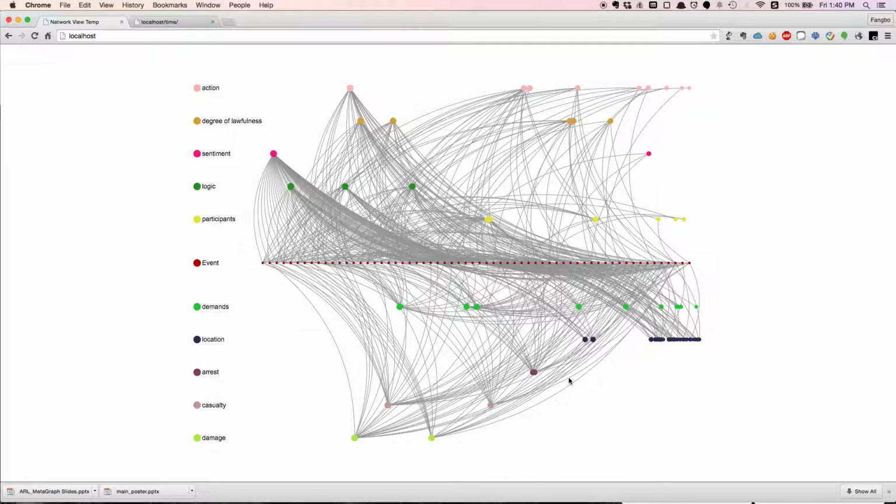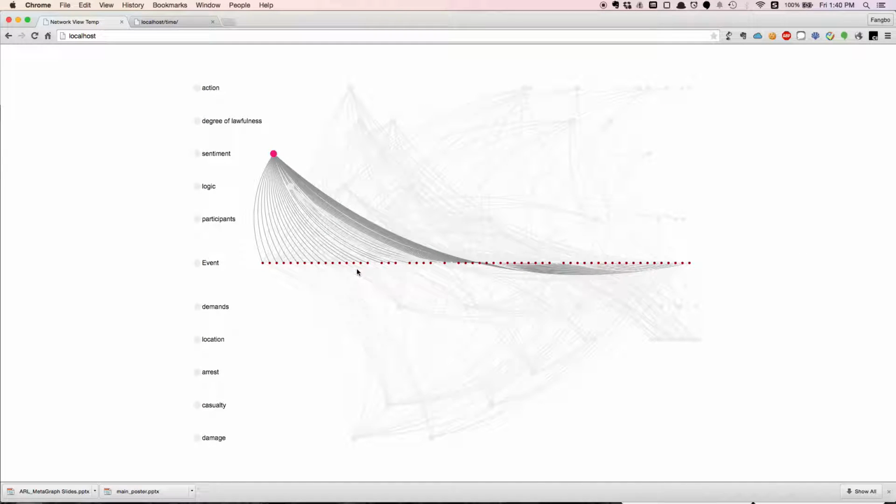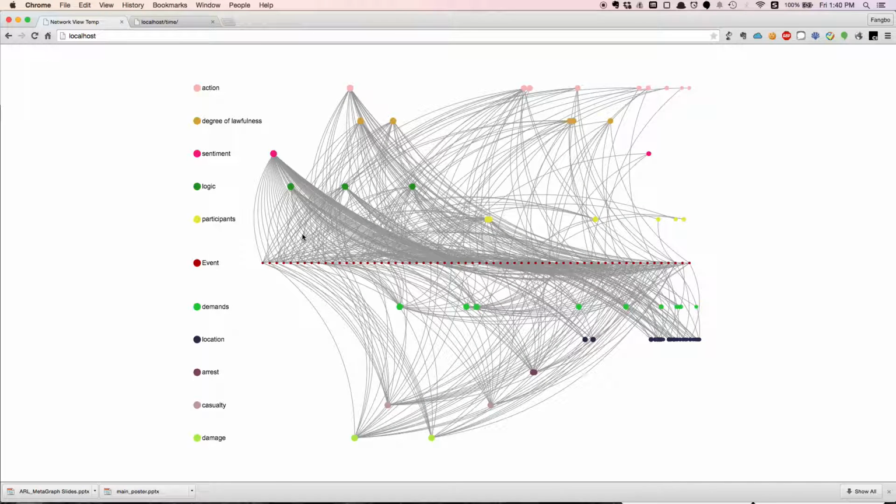Similarly, we can get insights about the demands of different protests, and whether the protest is violent. You can also try to understand the correlation between two different facets to see how these facets are interconnected by the events, and whether they are correlated or not.